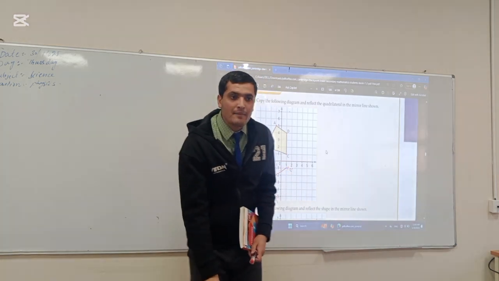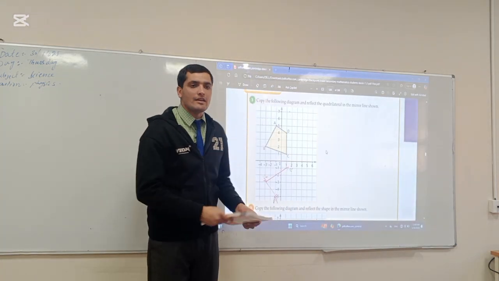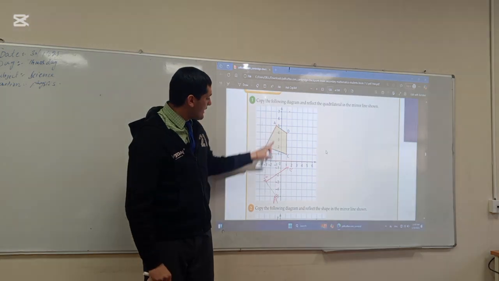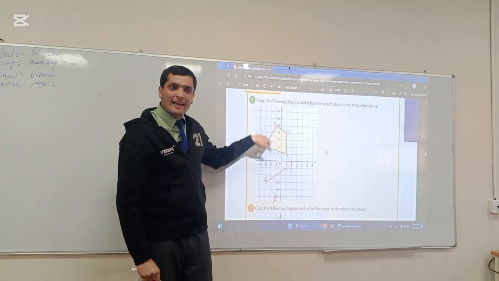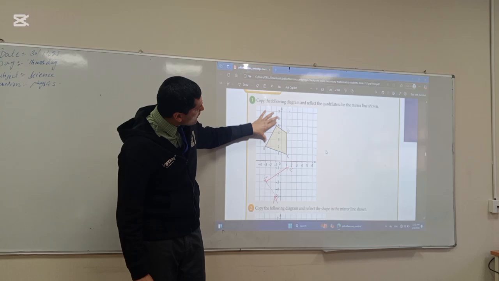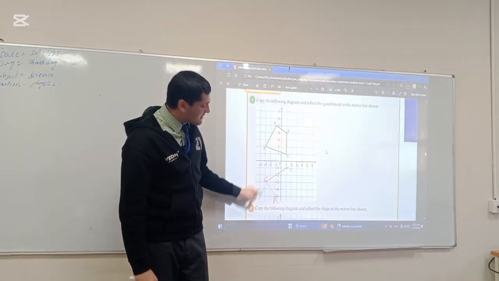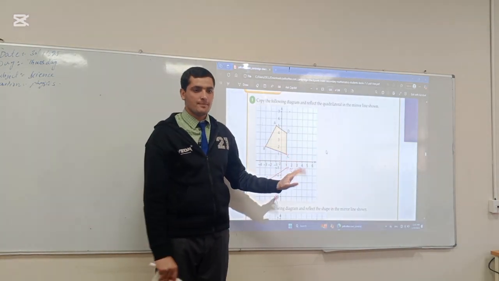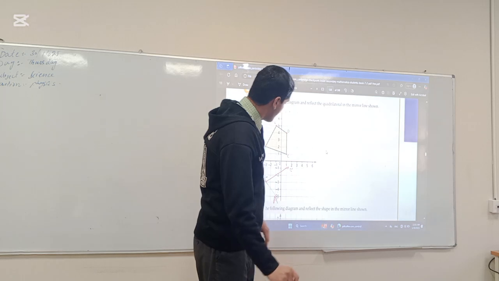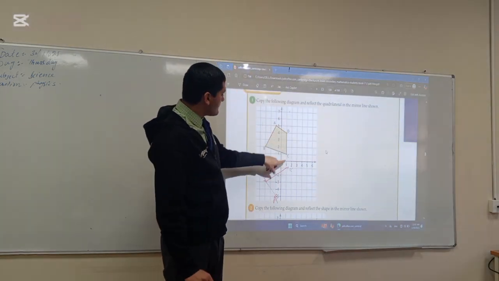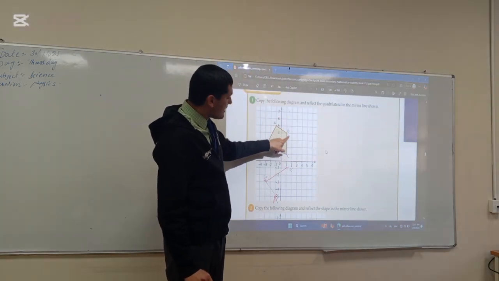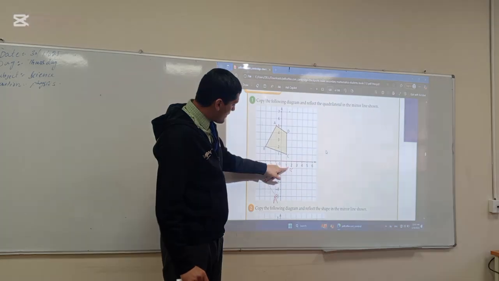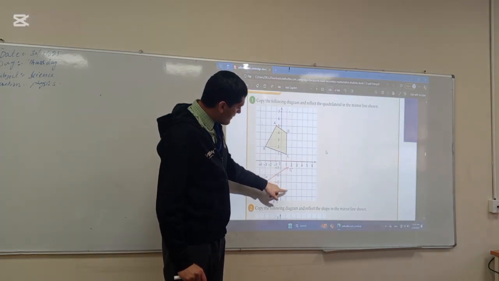In the mirror image, just see one important thing. If A and B are connected through a line segment, then in the mirror image you have to do the same thing. So this is the main rule, and D is 1, 2, 3, 4.